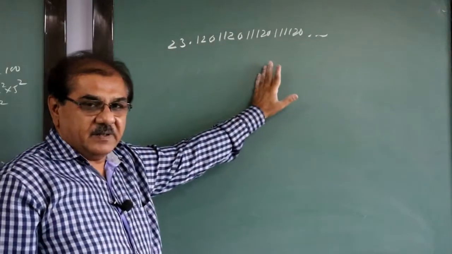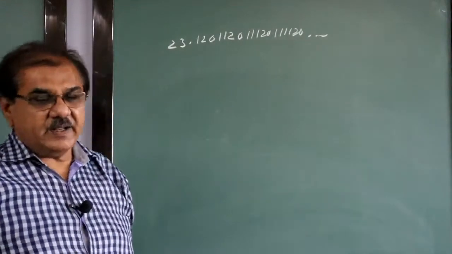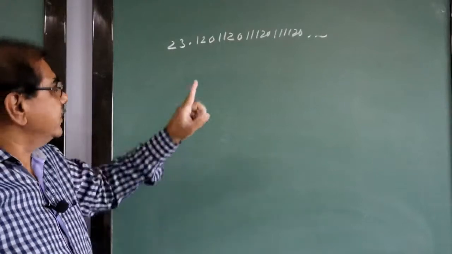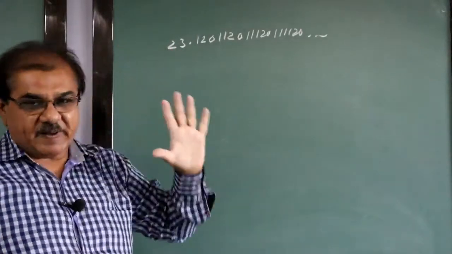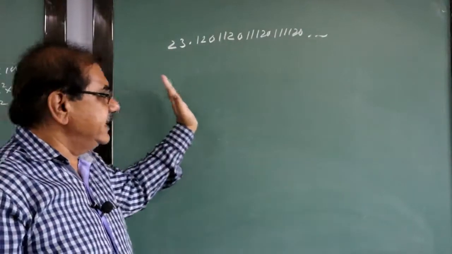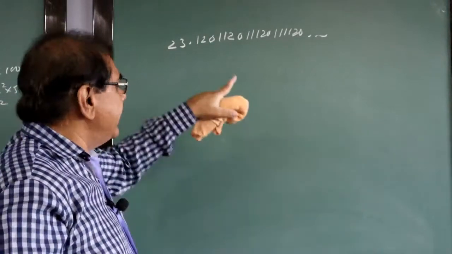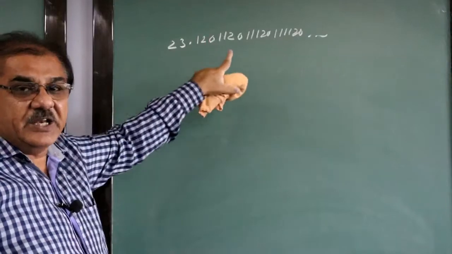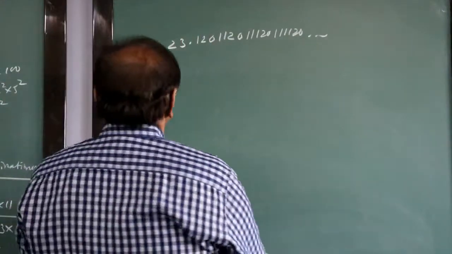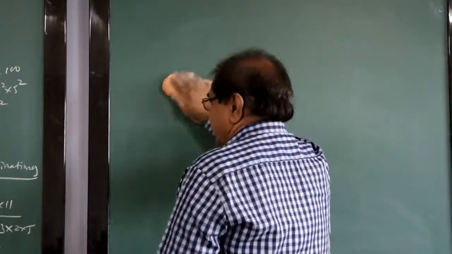So such a number is non-terminating and non-recurring. So when the decimal expansion of some number we get in this form, which is neither terminating nor recurring, then definitely that is an irrational number. Okay? So this is how we can differentiate between rationals and irrationals.